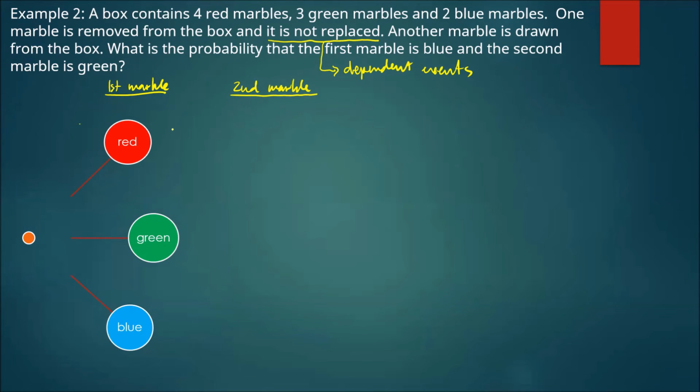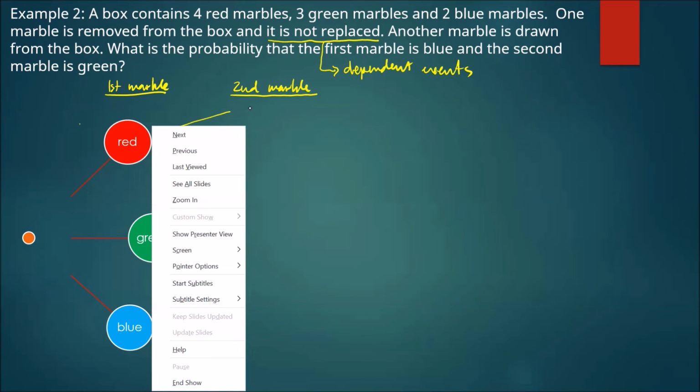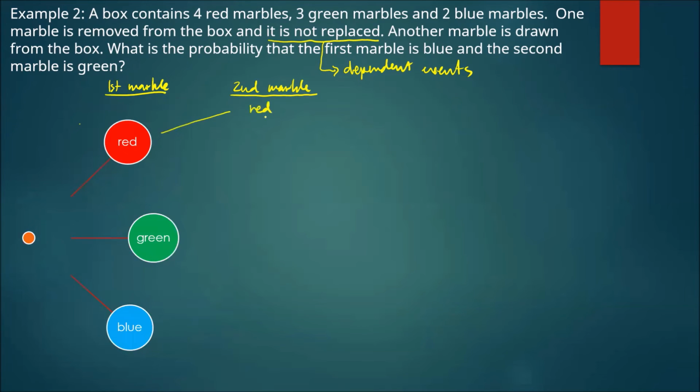When our first marble is red, it is possible to get a red for our second marble, it's also possible to get a green, and it's also possible to get a blue.